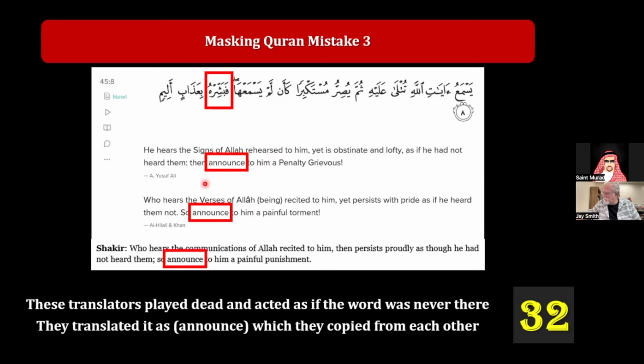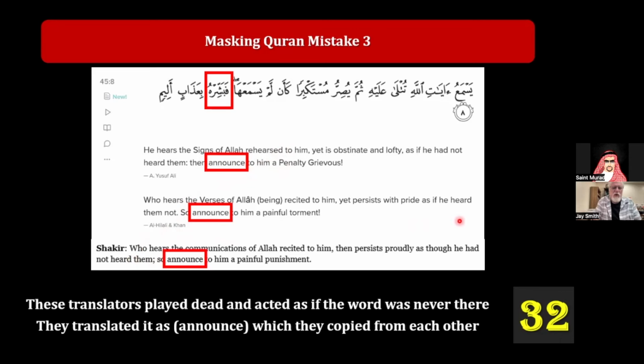They say "announce," and probably they copied from one another. They copied from Abdullah Yusuf Ali. He says here, "then announce to him," announce, Shakir and Hilali and Khan. All of this just to run from the fact that the Quran is saying, give him good news of a painful torment. And now I ask you, what do you think of this example?